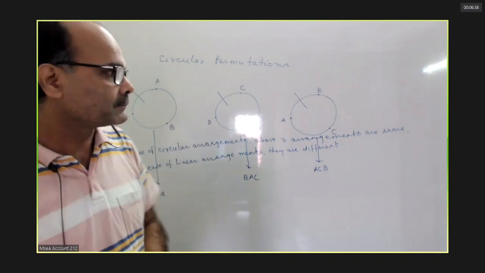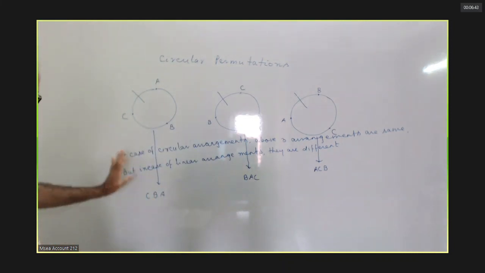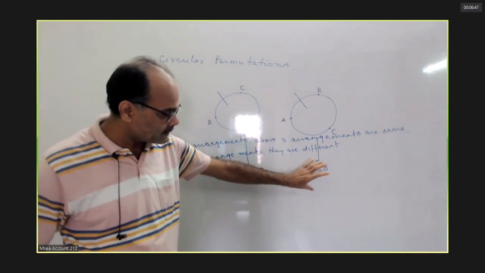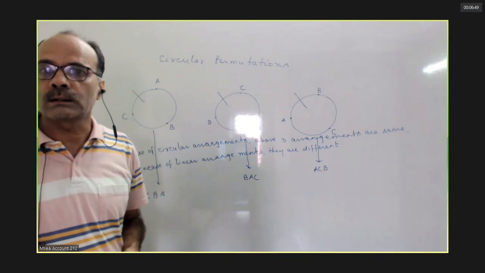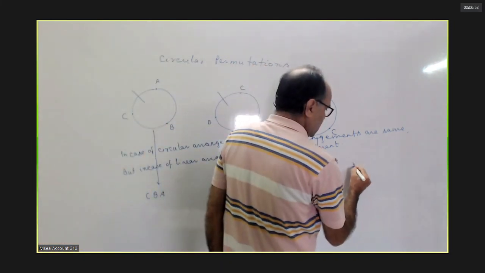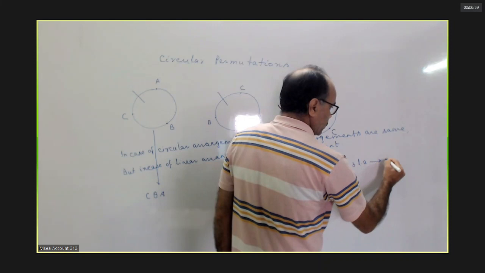So these three different linear arrangements give us one circular arrangement.